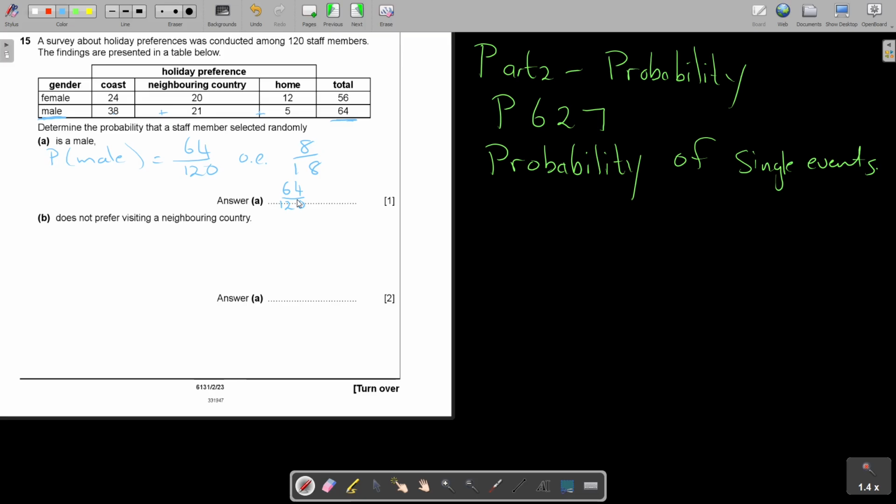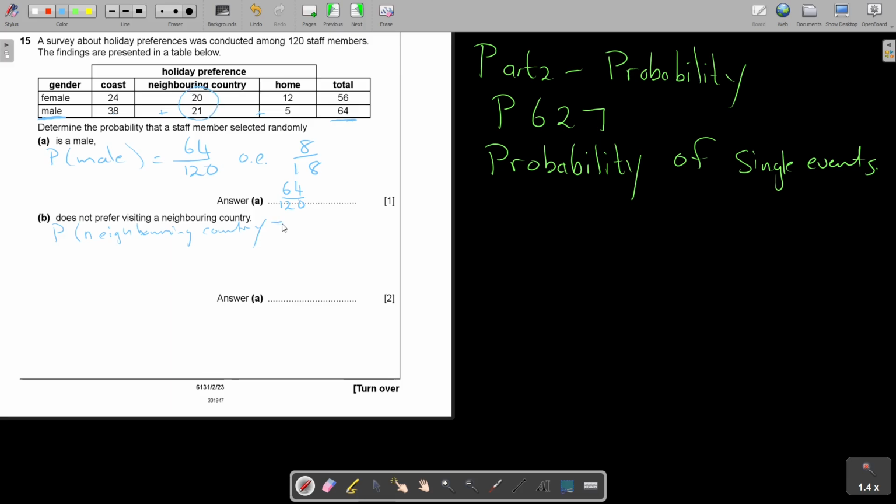Okay, does not prefer visiting a neighboring country. So the probability first of neighboring countries is going to be, now there, you just have to add those 2 up.